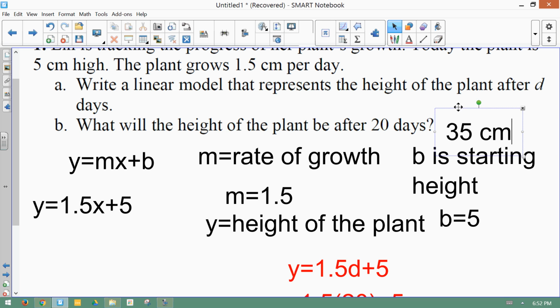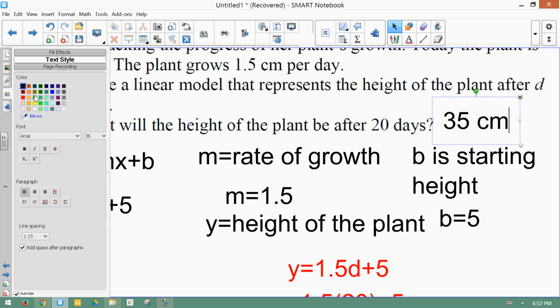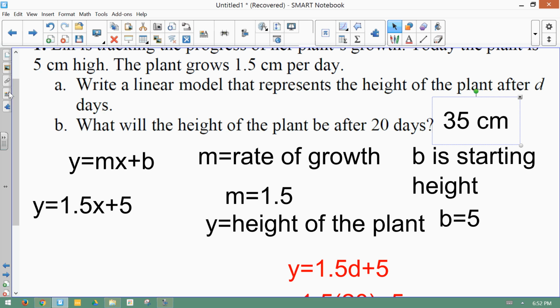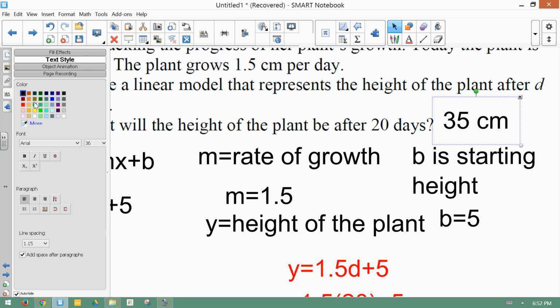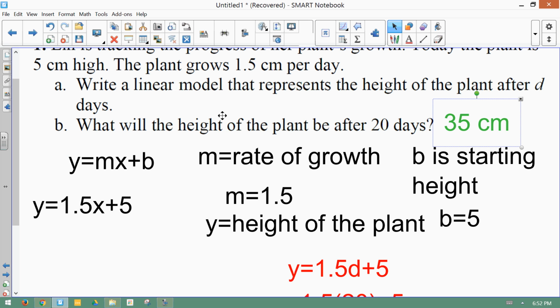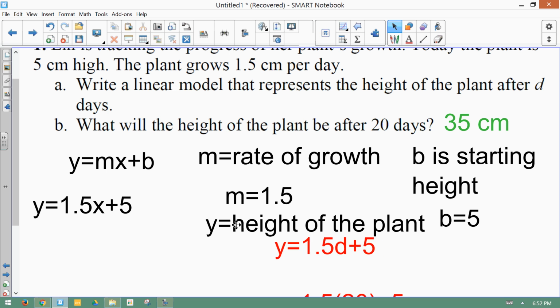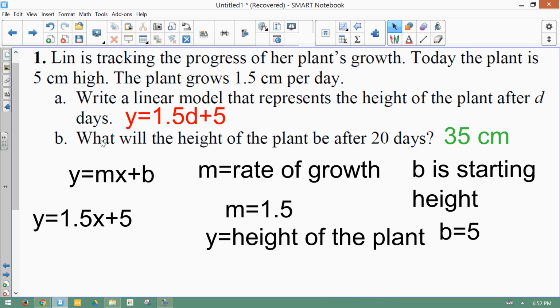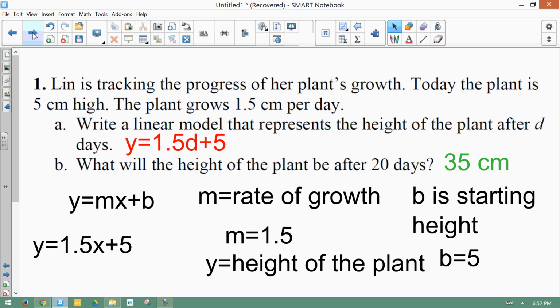So that's the answer to that part. I'll put this in green, which I traditionally do. Didn't work that time. Let's try it again. Green. All right. And let's get that linear model up there. So that's your answer to problem number 1.